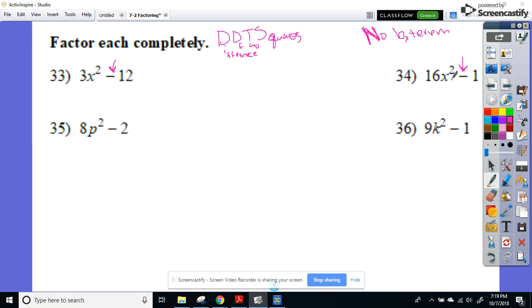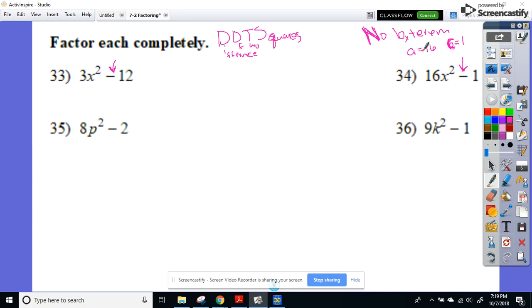Difference of 2 squares won't ever have the B. We have an A and we have a C. Those are both perfect squares. And all we have to do to factor those is take the root of that.